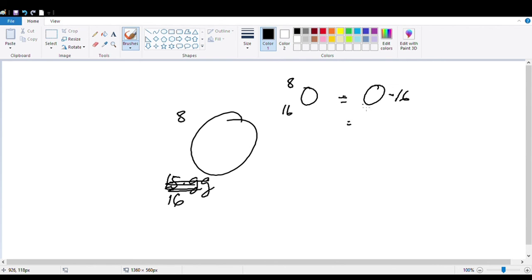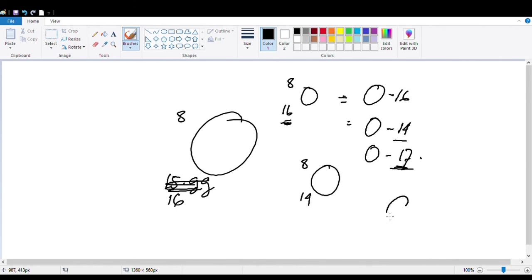The isotopes of oxygen can be O14 or O17. O14 means the oxygen has the same number of proton, but the mass now is 14, which is less than the normal oxygen. And O17 means this oxygen has the same proton, but more mass, more weight than the normal element. So this is called an isotope.